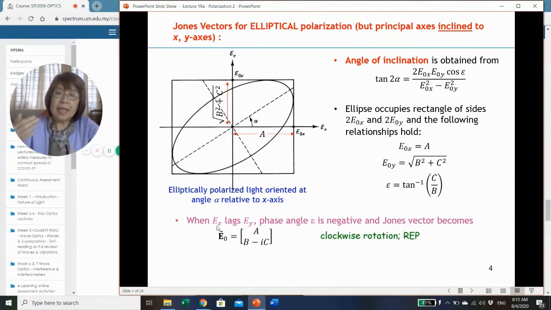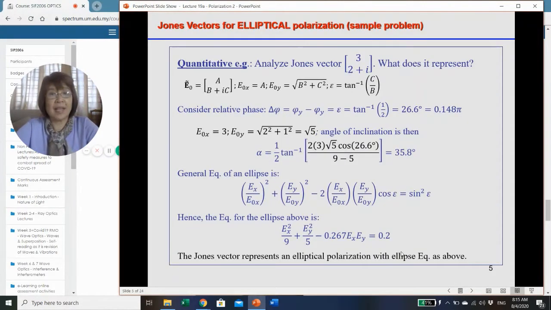But when Ex lags Ey, then the phase angle epsilon will be negative, and the Jones vector will be written with a negative sign here. And this will give you clockwise rotation, and this will be right elliptically polarized light.